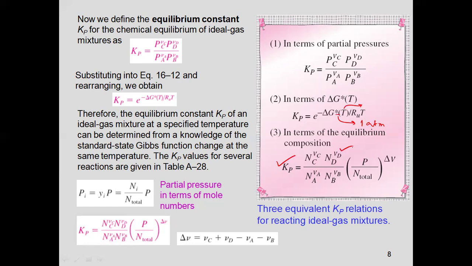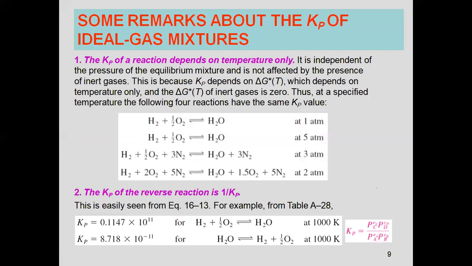Okay. So now we will look into some observations about the equilibrium constant Kp for ideal gas mixtures. Now here you see Kp, as we have seen in the last class also.